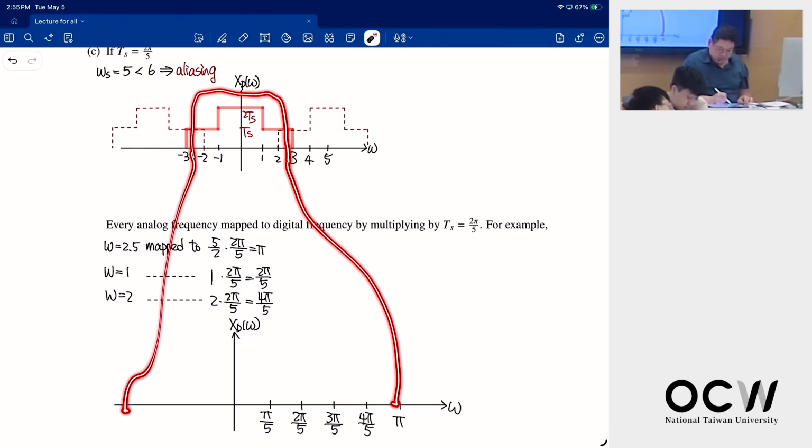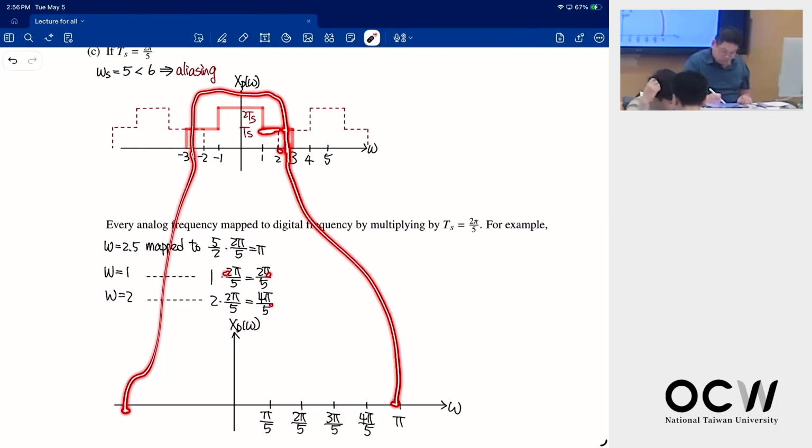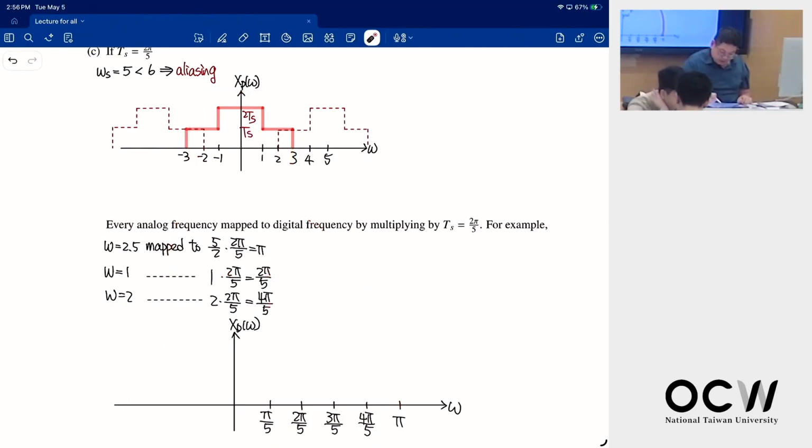So 2.5 here, that is π, and the value will be 2. So I only have value 1 from 1 to 2. So 1 is 2π over 5, 2 is 4π over 5.